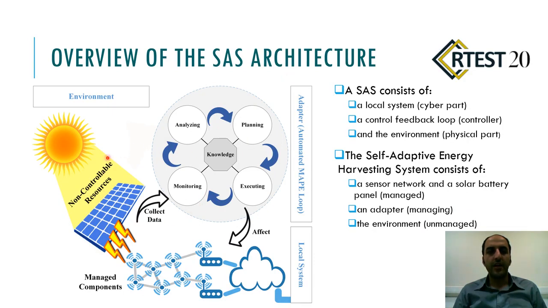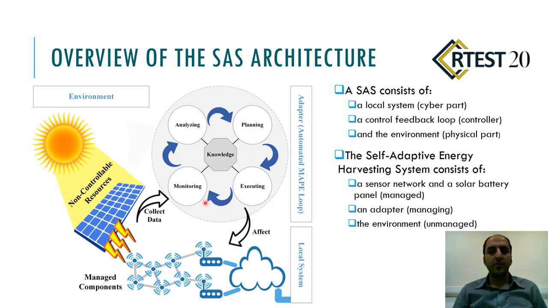Here we can see a high-level architecture for self-adaptive systems. As mentioned in the previous slide, the self-adaptive system consists of three main parts, including a local system, a control feedback loop, and the environment. As you can see in the figure, we refer to the environment as unmanaged component or uncontrollable resources. The local system interacts with the environment and is controlled by the MAPE loop.